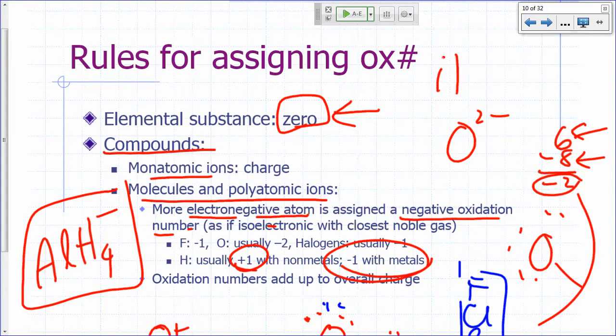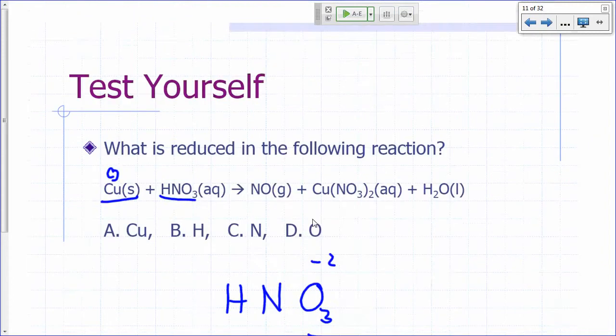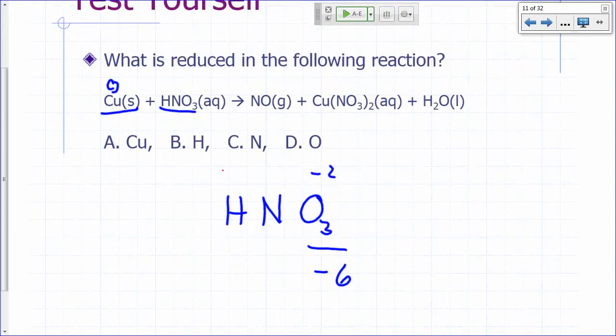Why? Hydrogen, to be isoelectronic with the nearest noble gas, just needs 1 more electron to make it helium-like. So hydride has a -1 oxidation number.